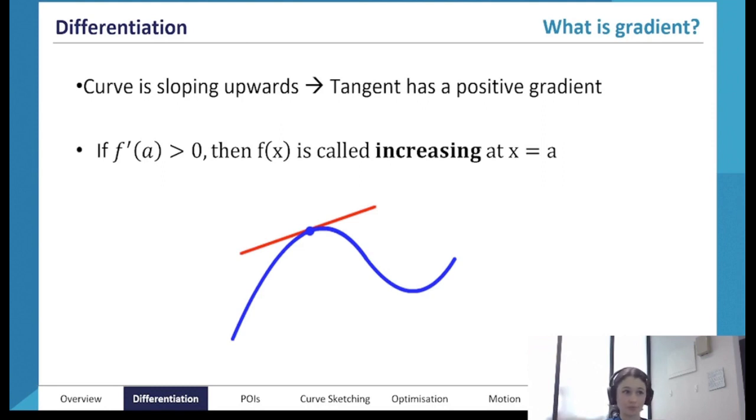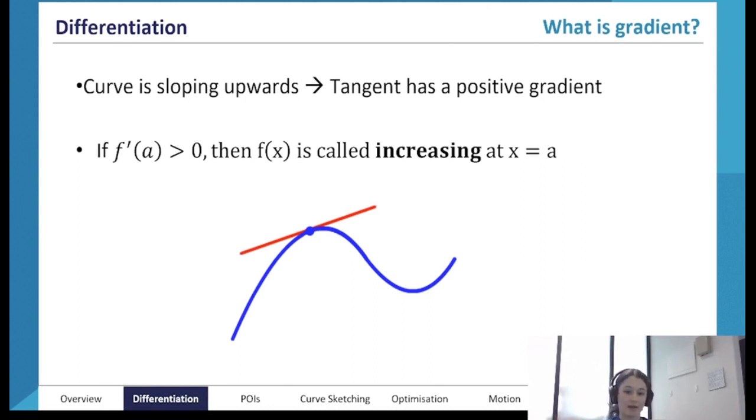So, as you might have heard in class so far and learnt in year 11, if a curve is sloping upwards, reading it from left to right, then the tangent has a positive gradient, or the curve has a positive gradient.